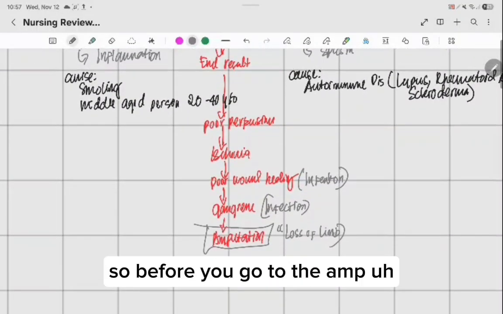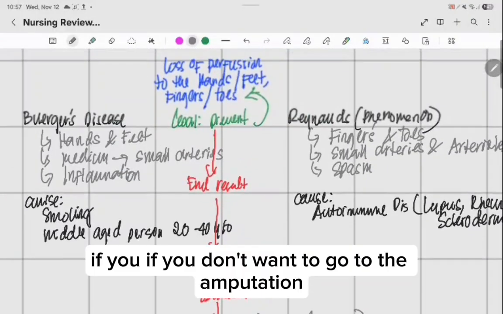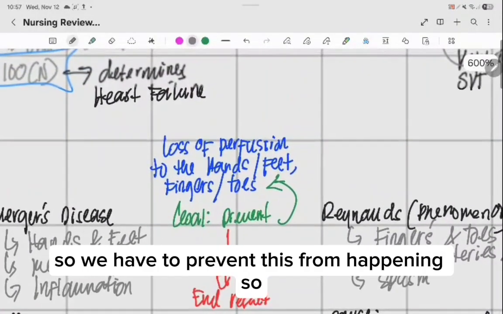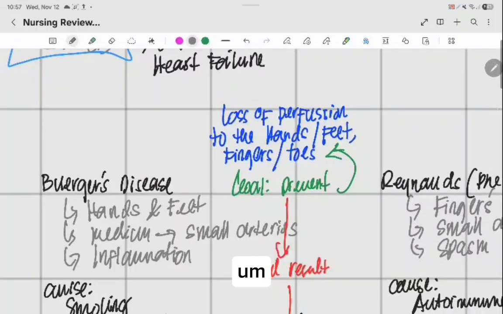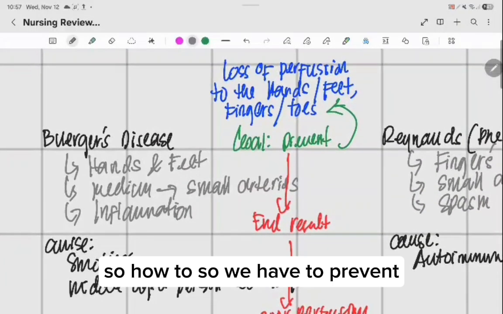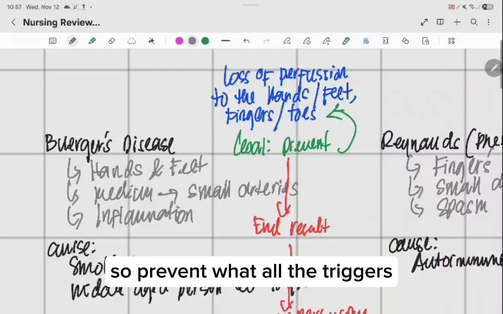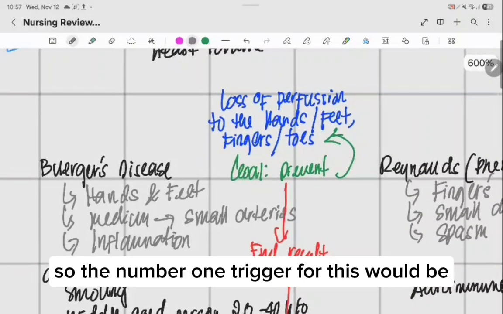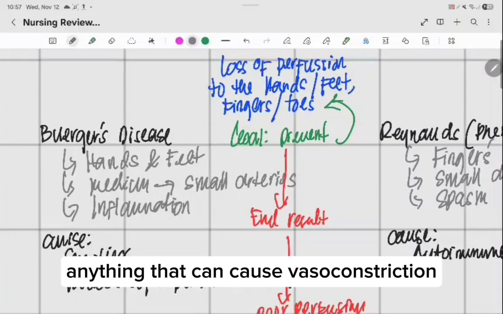If you don't want to go to amputation, we have to prevent this from happening. So to prevent what? All the triggers. The number one trigger for this would be anything that can cause vasoconstriction.